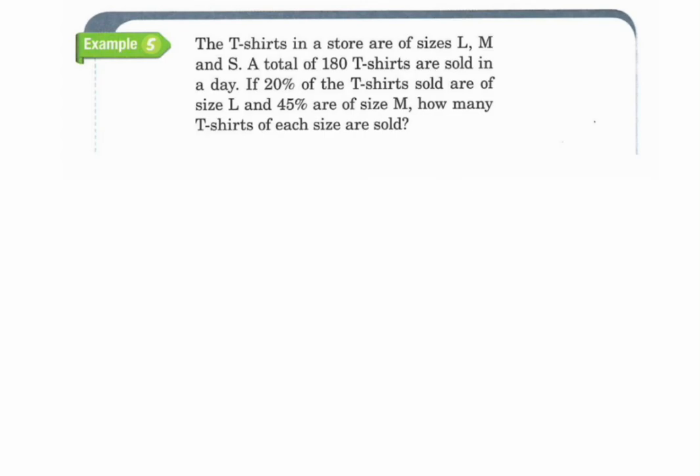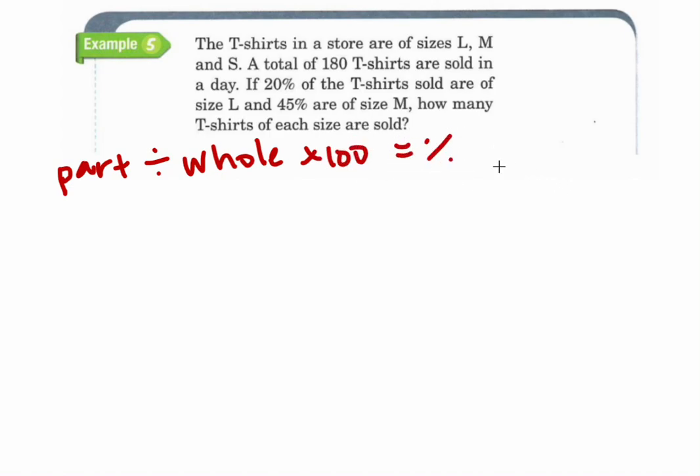Okay, so a couple things you can do here. You could use that formula, the part divided by whole times 100 to equal your percent, and kind of work backwards because they gave you the percent, right? So you can kind of do inverse operations to go backwards. For example, if the large sizes are 20%, then you can work backwards.